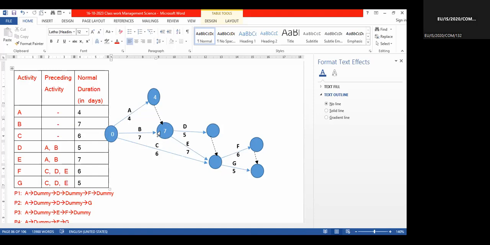So if you consider 4, we cannot include the 7. Therefore, at this point, we have to consider not 4. While moving, we take the largest or longest time.